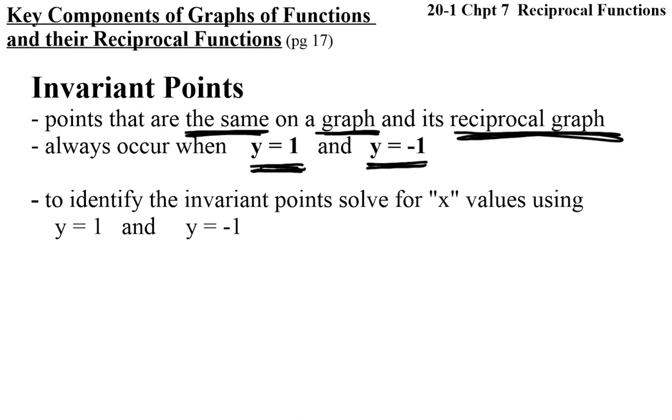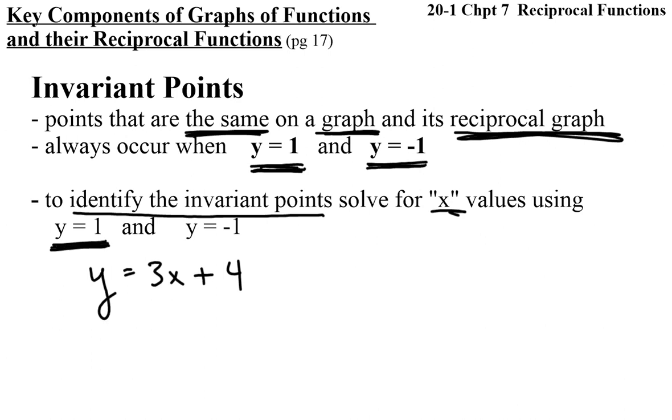So we can identify invariant points by solving for x values. Whatever function you have, if y equals 3x plus 4, and I said y equals 1, and I solved for x, subtract 4, divide by 3, x is -4/3.